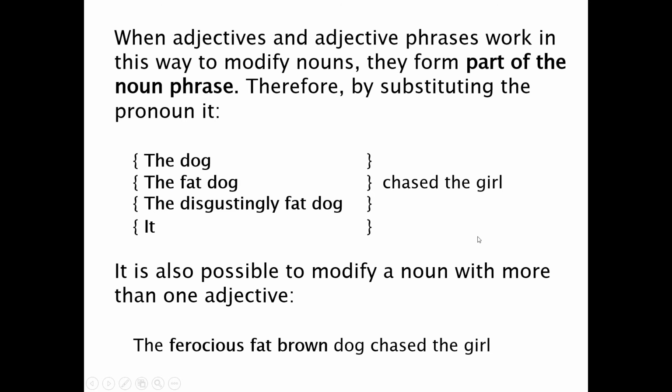Or you can say the dog chased her. The fat dog chased her. The disgustingly fat dog chased her. We can say it chased her. So we can use the object pronoun here to replace the noun phrase, the girl. So a noun phrase can be replaced by a pronoun, whether it is subject pronoun or object pronoun, or sometimes possessive pronoun.